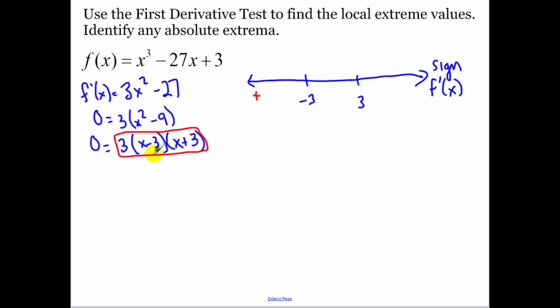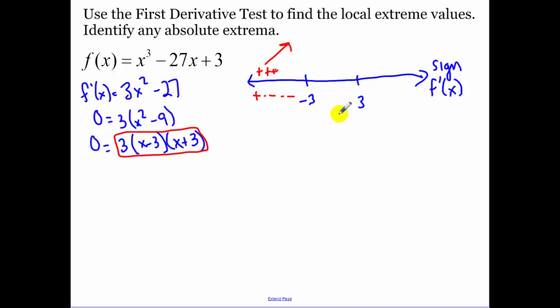This second factor, if I plug in a negative, I'm going to be negative. And then if I plug in a negative here, that factor is also negative. So I have a positive times a negative times a negative. That's going to be a positive, which means I'm going to be increasing to -3.